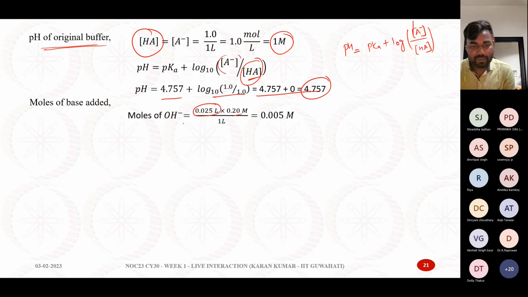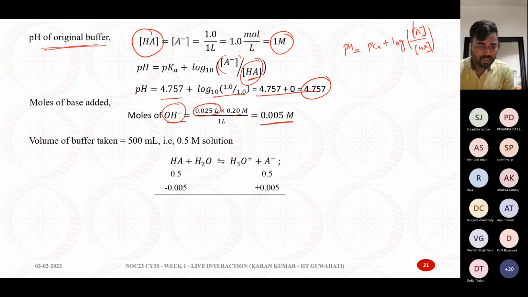You have added that to a 1 liter solution, so the moles of OH minus will be around 0.005. Now the volume of buffer taken was 500 ml.